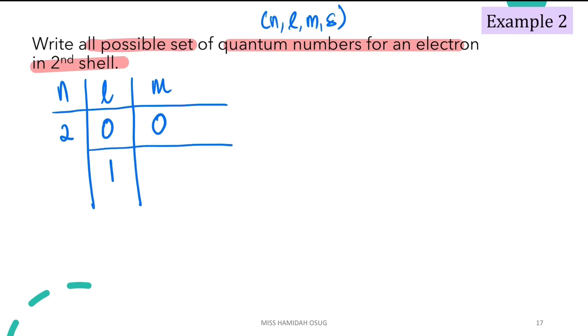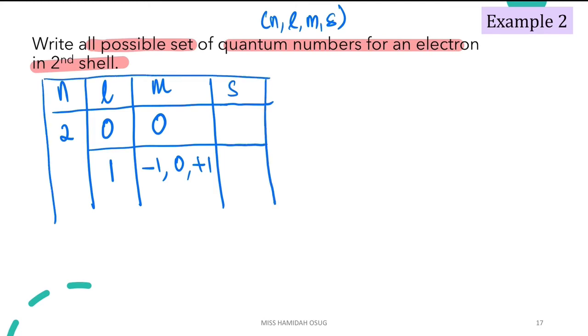When L is equal to 0, m can be 0. Next, when L is equal to 1, m can be negative 1, 0 and positive 1. And finally, the value of s can only be positive half and negative half.